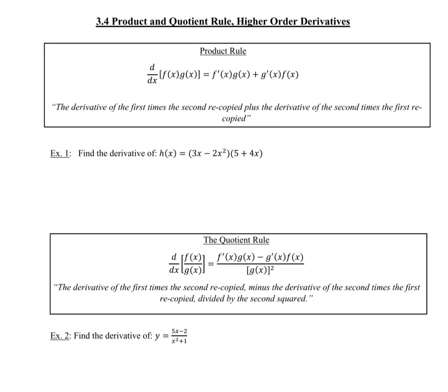So if you're asked to find d/dx, or the derivative of f of x times g of x, so f of x and g of x are being multiplied, two separate functions, then the formula version of this could be written this way: f prime of x times g of x, so the derivative of f times g of x itself, plus g prime of x, so the derivative of g times f of x itself. And that's it.